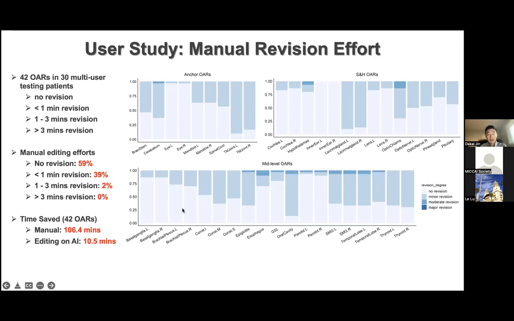This can further demonstrate the clinical usefulness of the source model. For the timing saved by the physicians, we see that manual delineation requires more than 100 minutes, while editing on the source results gives about a 90% time reduction.